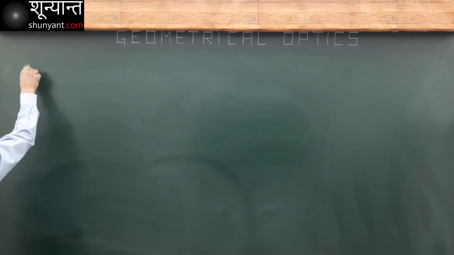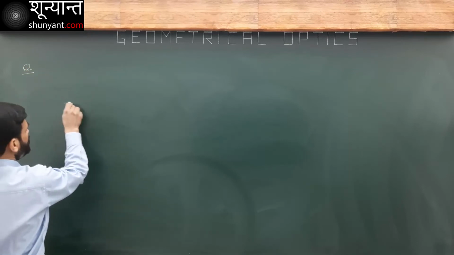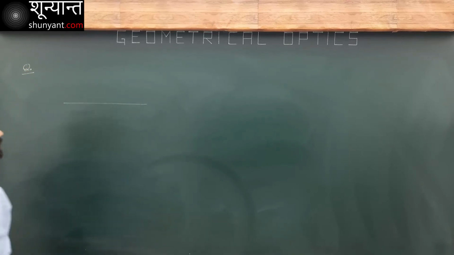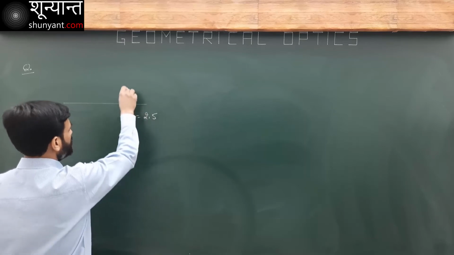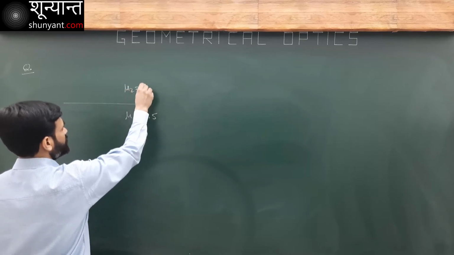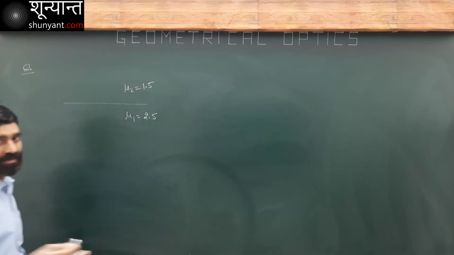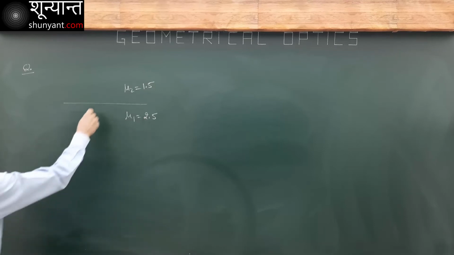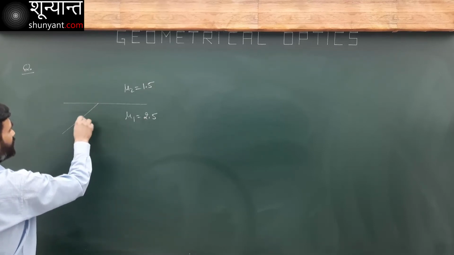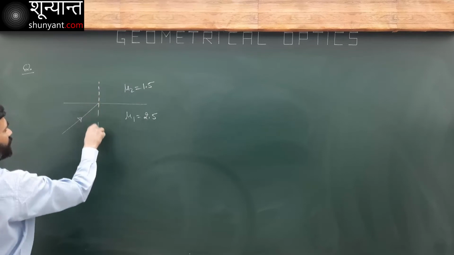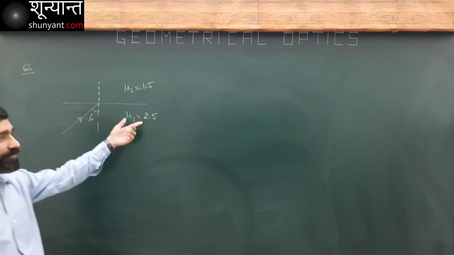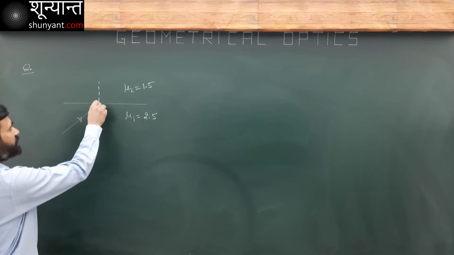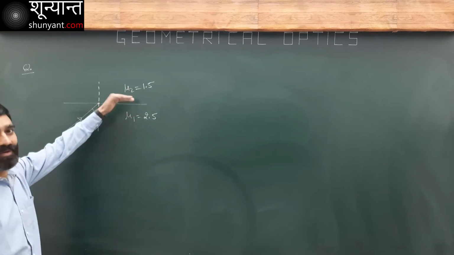Okay, question. I have two mediums. Let's say that mu1 is 2.5 and mu2 is 1.5. This is my angle of incidence. So light is traveling in this denser medium and hits this interface which separates it from a rarer medium.